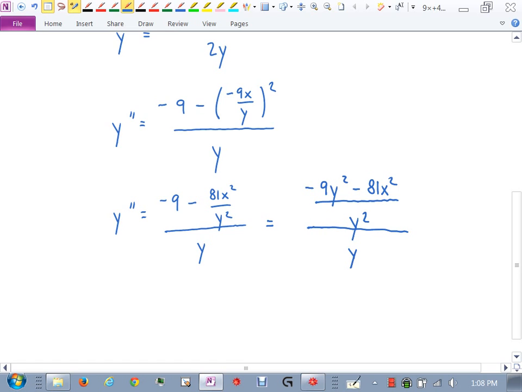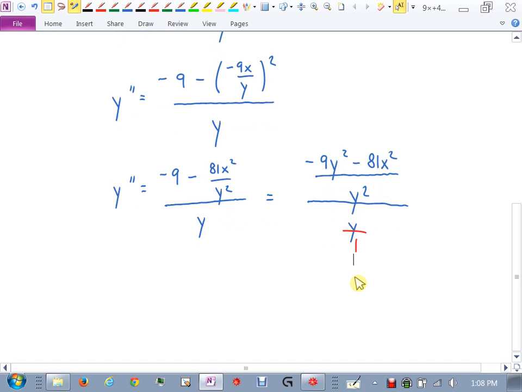But then you can take that y that's on the bottom, look at it as a y over 1, and flip it and reciprocate it like this, and that just really makes that bottom a y cubed. So I would be at negative 9y squared minus 81x squared all over y cubed.